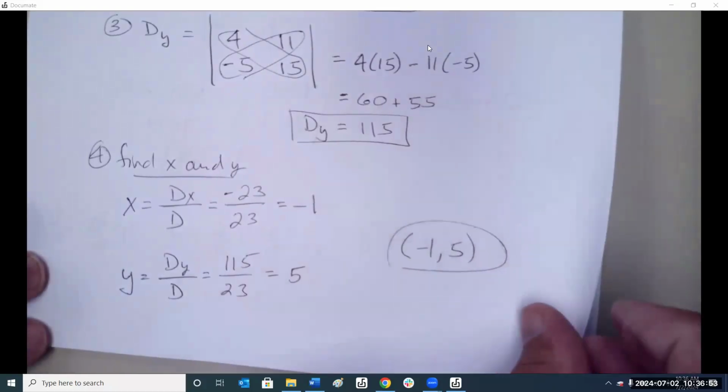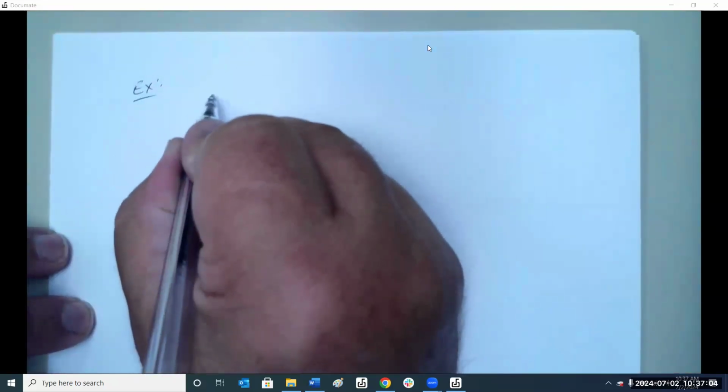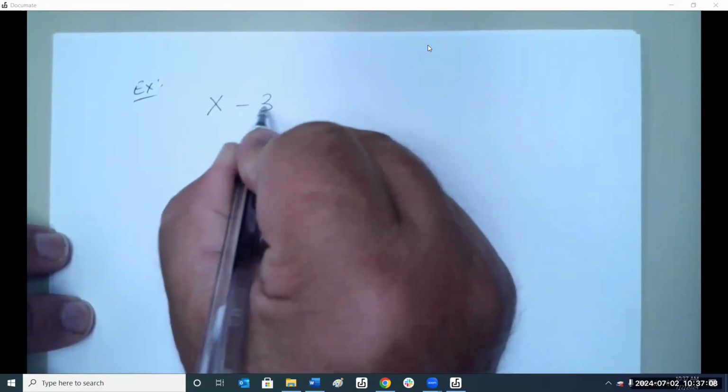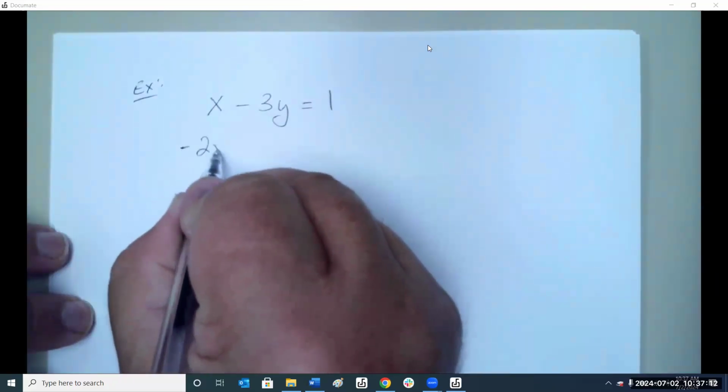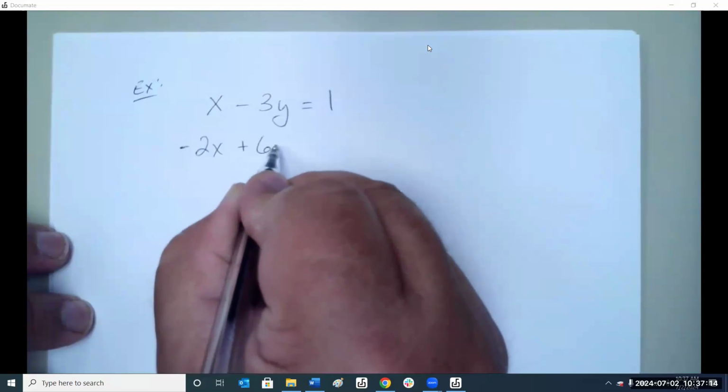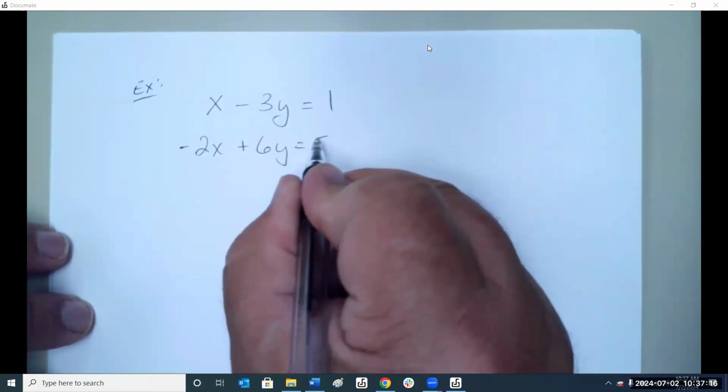Let's look to see how the parallel and same line would look. x minus 3y and negative 2x plus 6y.